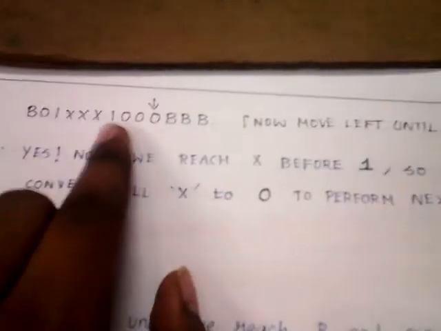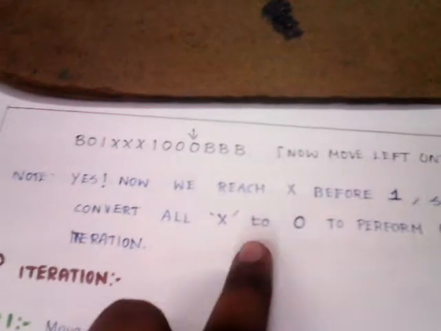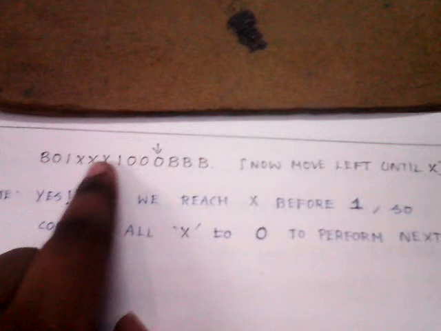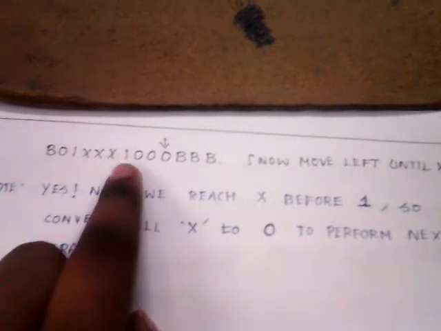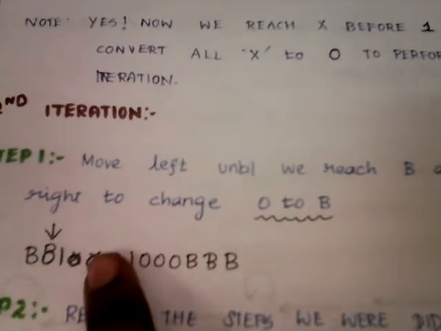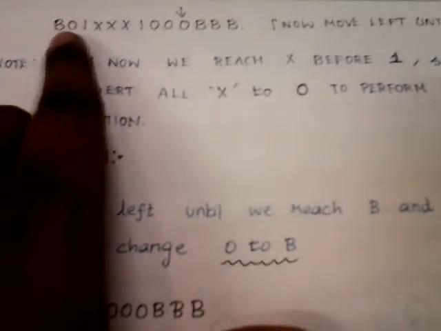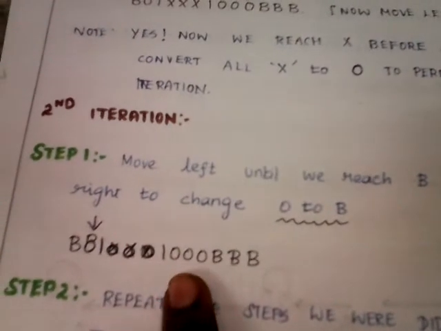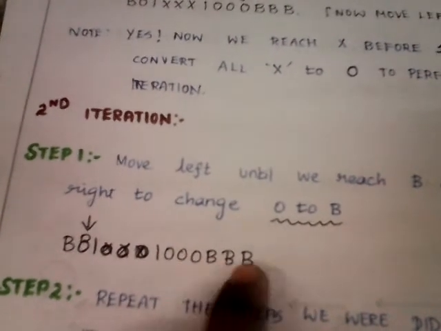Now we reach the x before 1. We have to convert all the x's into 0 to perform the next iteration. So we convert these x's into 0 0 0, and we convert this 0 into b, and we do the x x x again, and we convert these blank symbols into 0.